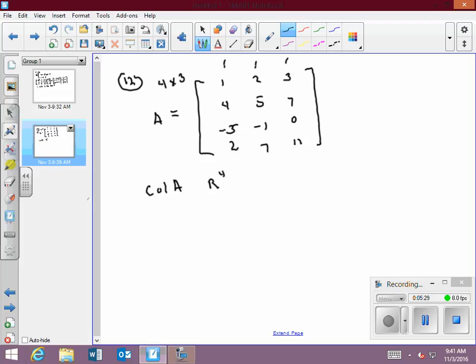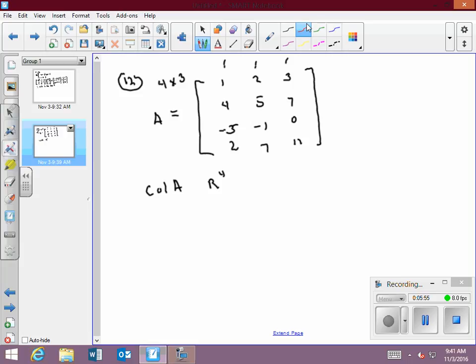It has to be in the space R4, because you're going to take any one of those columns to be in column A. And what it would be is if you did an echelon of this, the columns that would be in column A would be the ones where you have the pivot points.